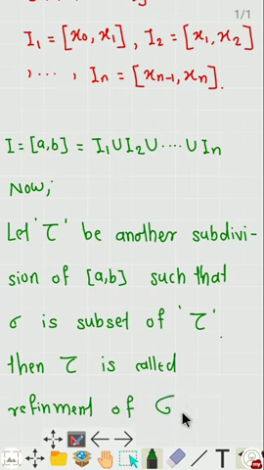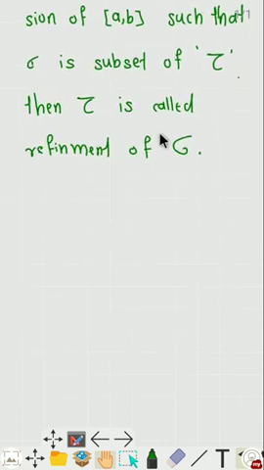Because tau contains more points than sigma, and sigma is a subset of tau. That is, tau is obtained by adding more points to the subdivision sigma. That is also very important.